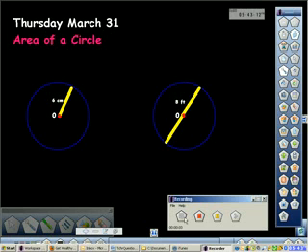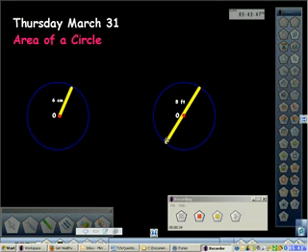Today is Thursday, March 31st, and today we're going to be learning about the area of a circle. Previously, we learned about the radius of a circle. From the center point to the edge is called a radius. From one edge across the middle all the way to the other side, splitting the circle in half, is called the diameter. We know that.